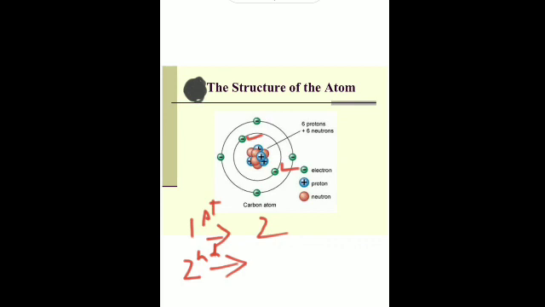So those 4 will come in the second shell, that is shell number 2, the L shell. So it will be 4. How will you write the electronic configuration of carbon? It will be 2 and 4. This is the atomic structure. Is it clear? So 2 and 4 is the electronic configuration of carbon.